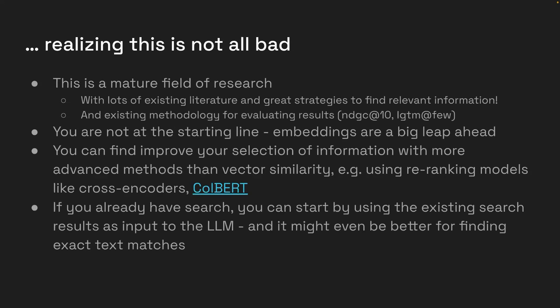But we can also realize that this is not only a problem. This is a mature field of research, and there are lots of strategies you can use. These are the most common methodologies for evaluating how relevant the results you are giving are: normalized discounted cumulative gain, which is next level, and precision at 10 results, which says how many relevant results are in the top 10 and where the most relevant results are within that.